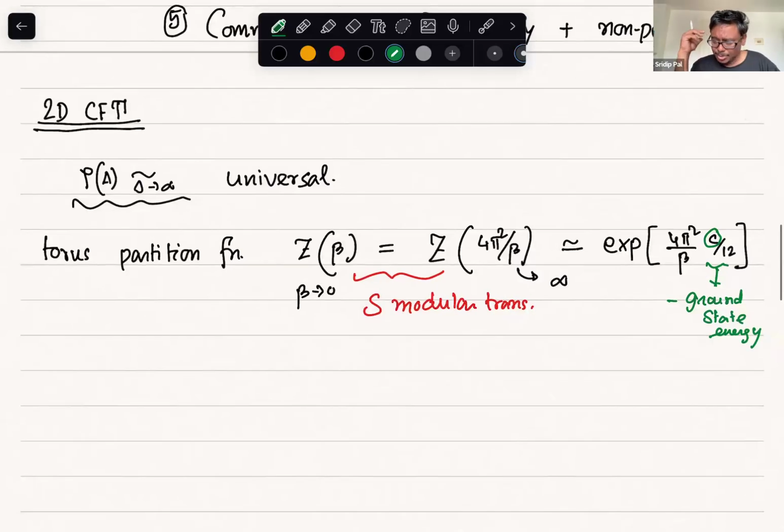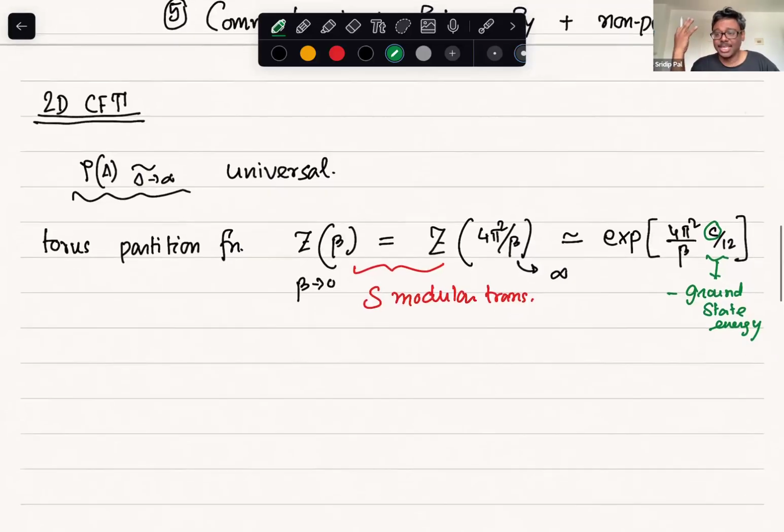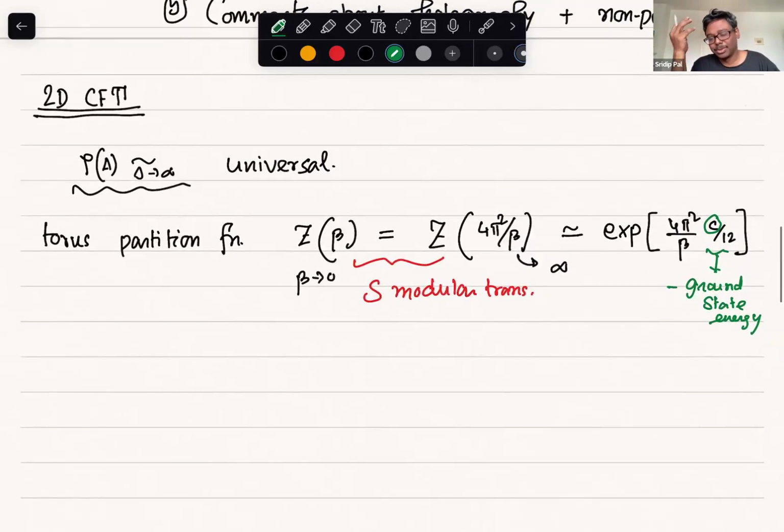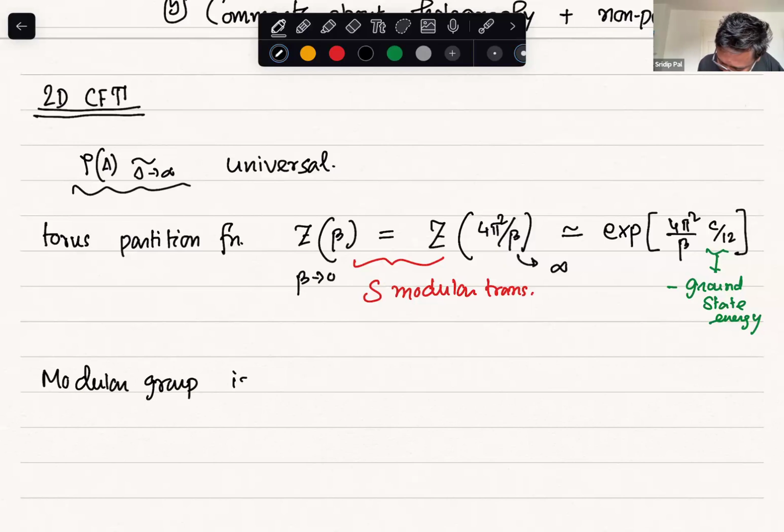Now you may ask, this is just the S modular transformation, but we know the modular group is a big group. The modular group is PSL2Z, and the S modular transformation is only one of the infinite number of group elements inside this group.